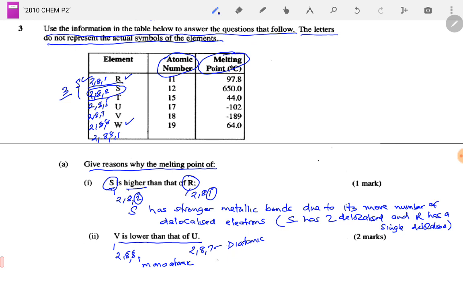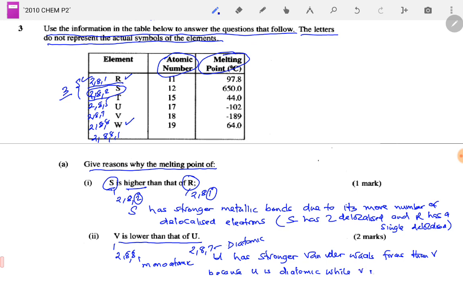So we will say here U has stronger van der Waals forces than V, because U is diatomic while V is monoatomic. So that is actually the reason.